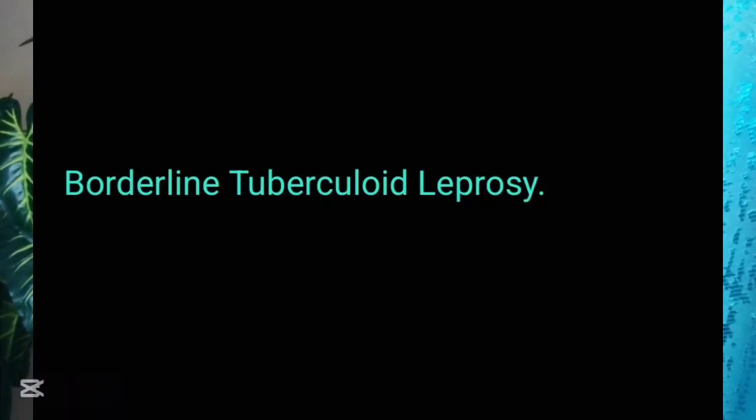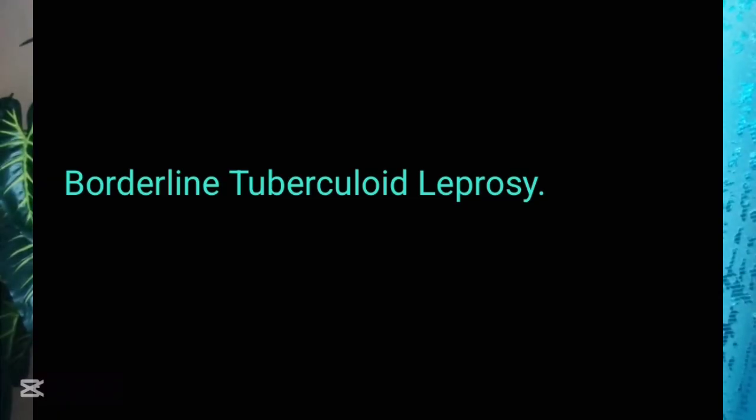The only difference is the lesions of the borderline tuberculoid leprosy have accompanying satellite lesions. They have those small lesions that will appear near the bigger lesion, and the primary lesions are usually more than 5 in number but less than 10.